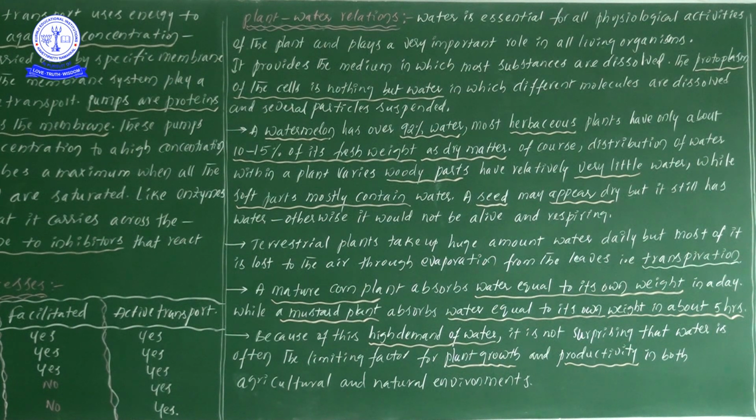Did you understand this statement? So what can we understand? Even in herbaceous plants, we find just 10 to 15% dry matter in fresh weight. The remaining 85 to 90% is water only.